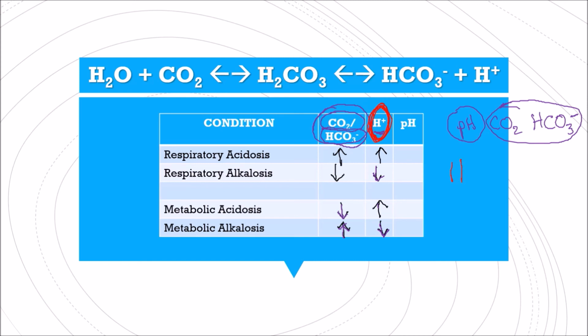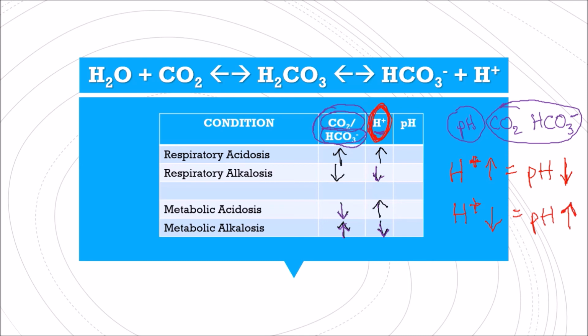So if the hydrogen ions are up, that means the pH is down, because lower pH is acidic, right? And a high hydrogen level is acidic. If the hydrogen level is low, that's alkaline, which means the pH is going to be high.